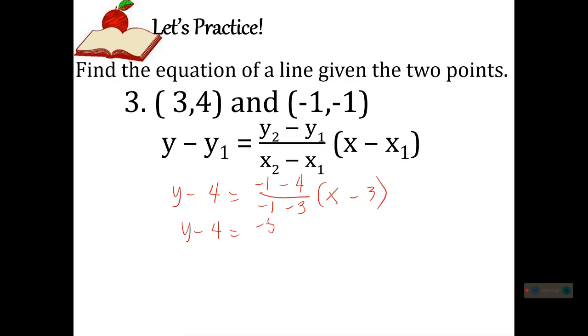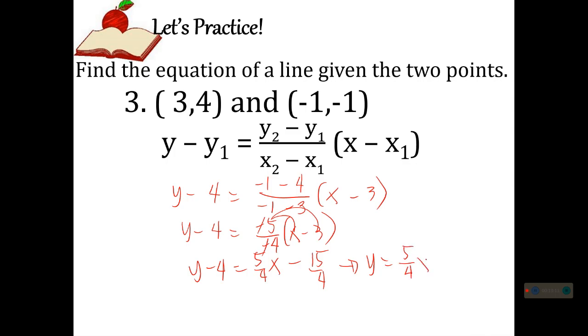So we have here -5 over -4 times x minus 3. But it seems that we have here negative divided by negative is positive. So you will have here y minus 4 equals 5 over 4x using distributive property. Then -15 over 4. Then using addition property, so we have here y equals 5 over 4x minus 15 over 4 plus 4 here. Okay?